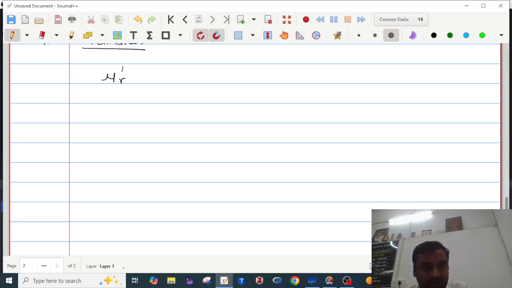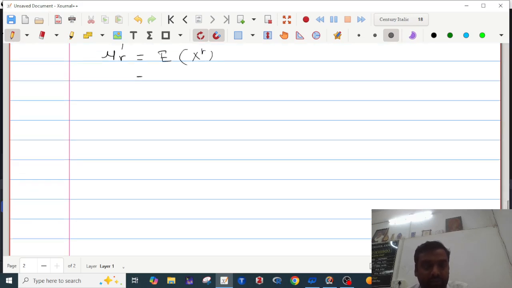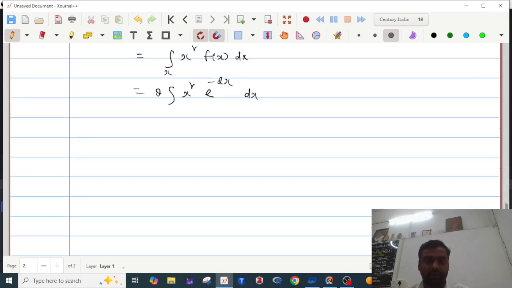The raw moments are denoted by mu r dash, which is the expectation of x raised to r, equals the integration of x raised to r fx dx. That is x raised to r times the PDF, taking theta constant outside, e raised to minus theta x dx.